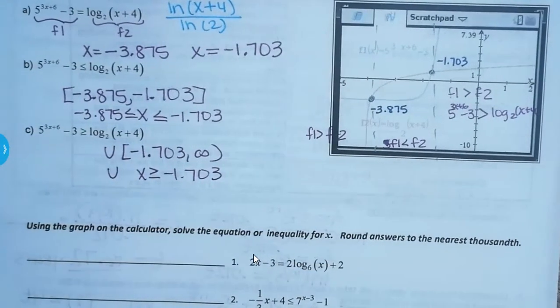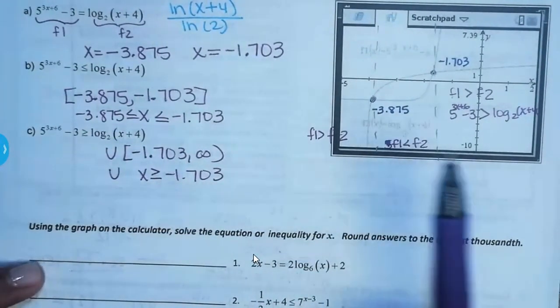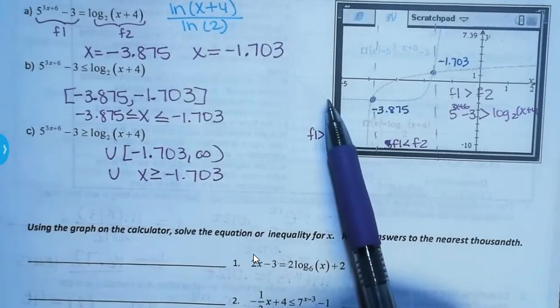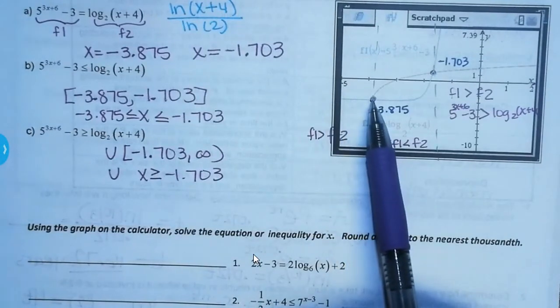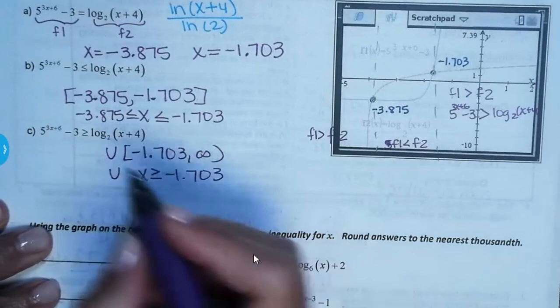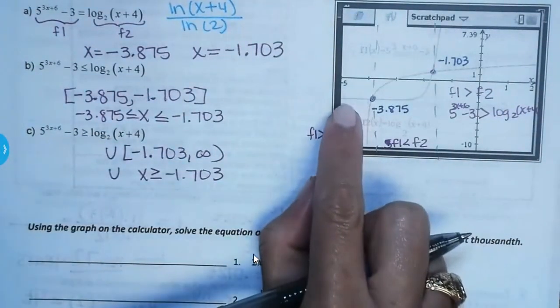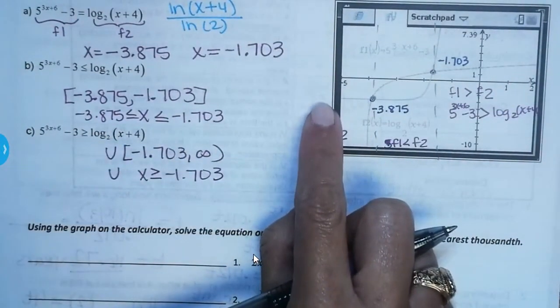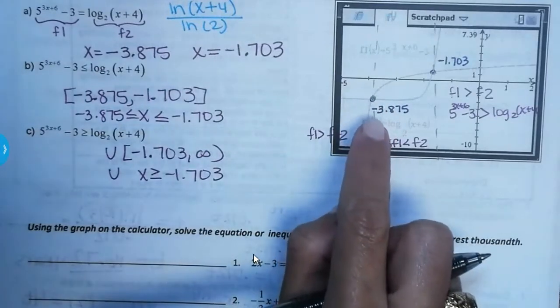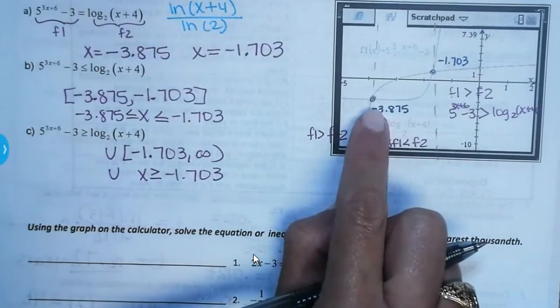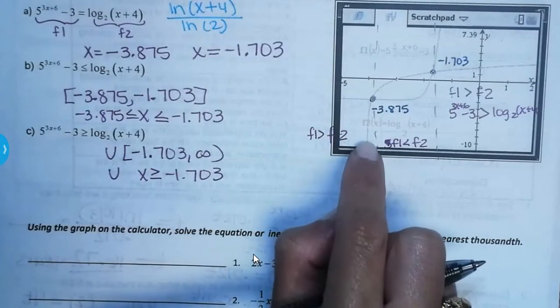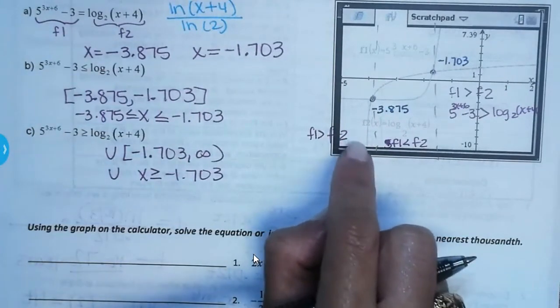But then here's where you have to be careful. The exponential graph is also greater than the log, technically, from negative infinity up to the intersection. But the problem is you can't just put negative infinity up to negative 3.875, because the log function doesn't have a domain of all real numbers.